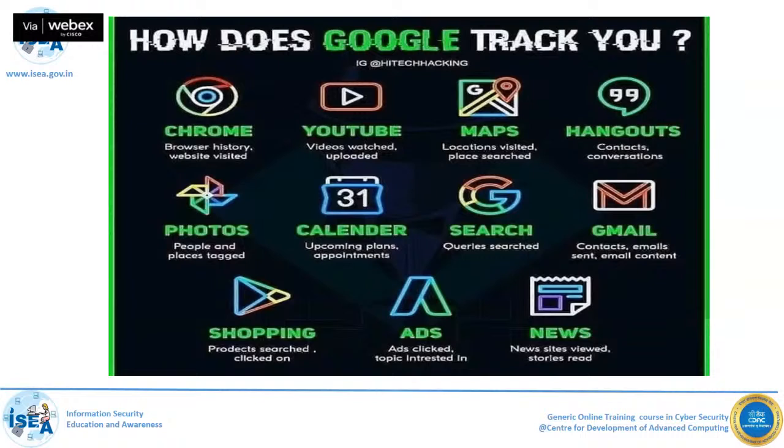All those things are tracked by many of these applications and software. Unless you keep proper settings, there is always a danger involved in it. So you have to follow all the settings properly to safeguard your privacy in the digital world. Otherwise, if all this information goes out of your hand, then what is your privacy?